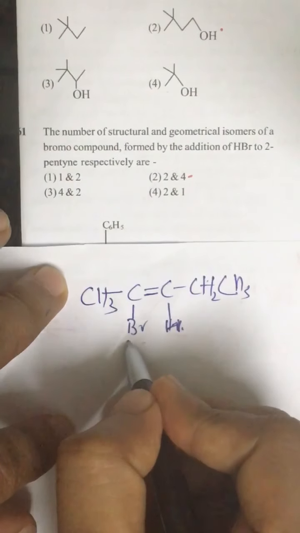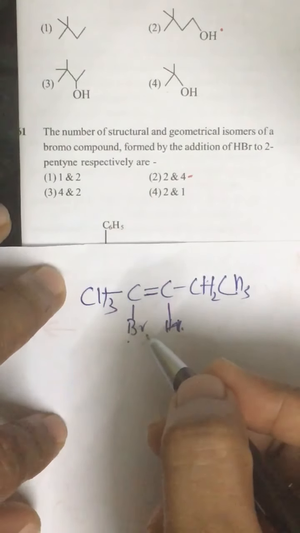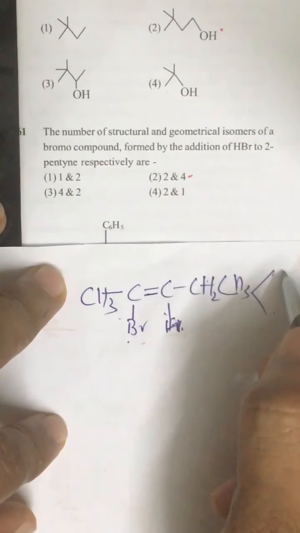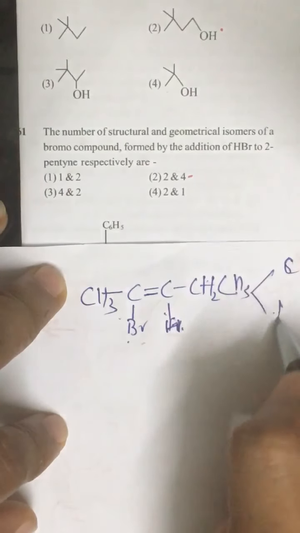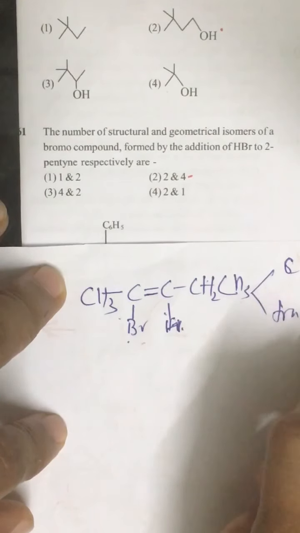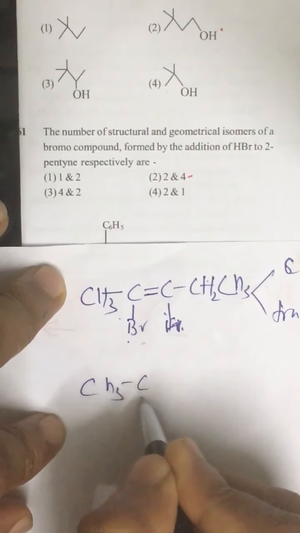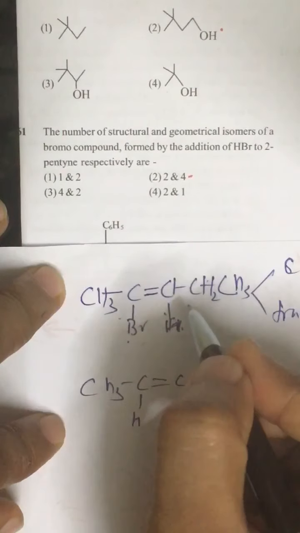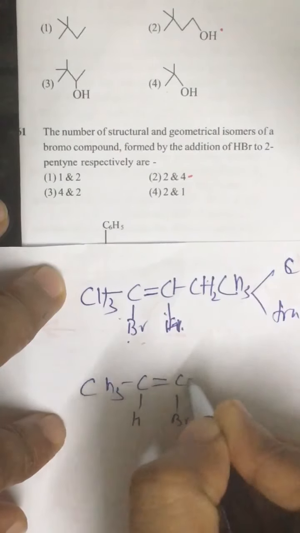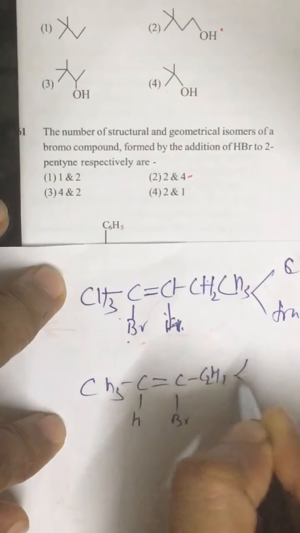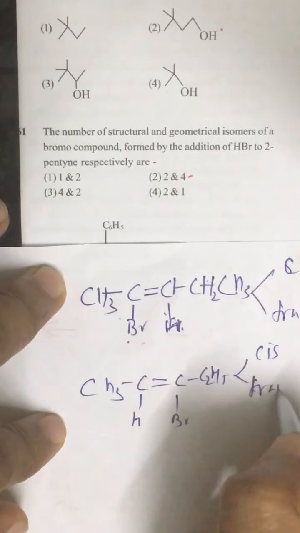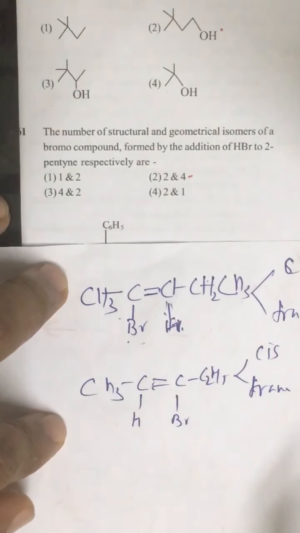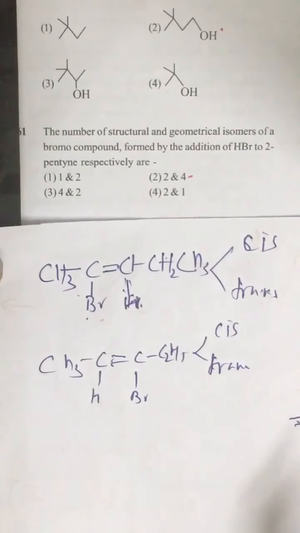So this product and one more geometrical isomer. This is one possibility, and with this we get cis and trans. The second possibility is CH3 CH double bond, and this CBr and C2H5. Again cis and trans. So we get 2 structural isomers and 4 geometrical isomers. These are the possibilities. Alright.